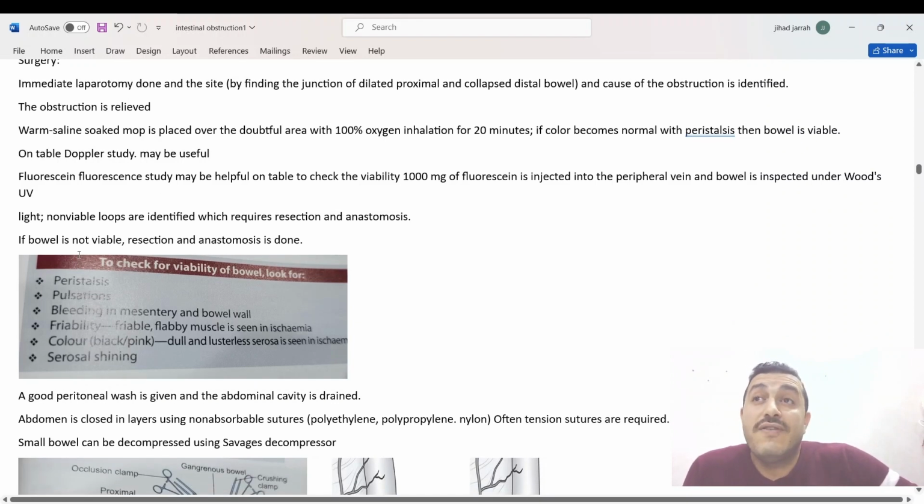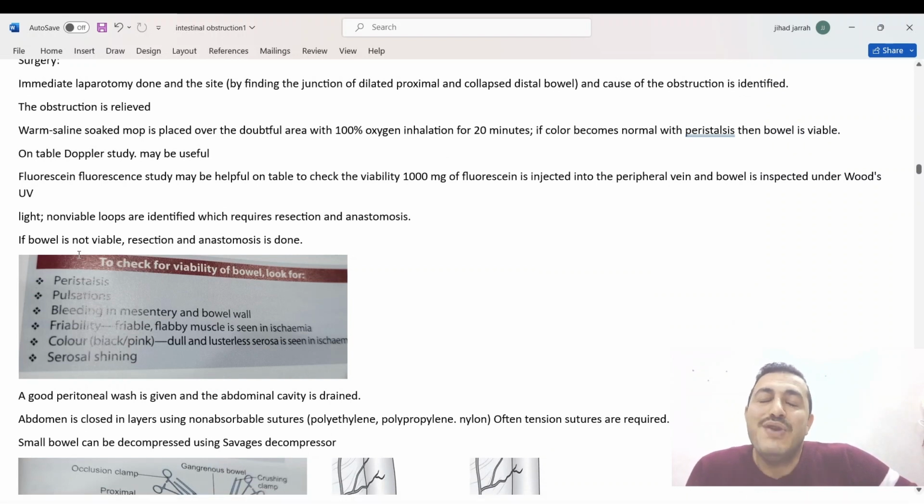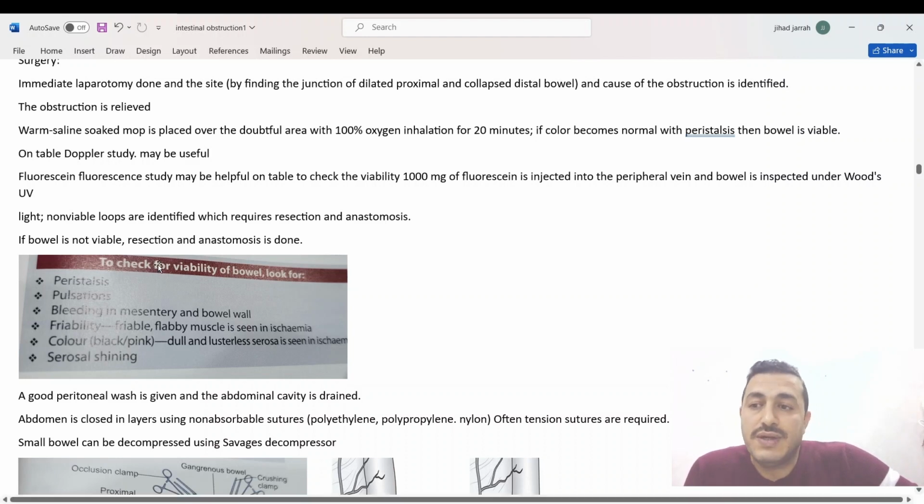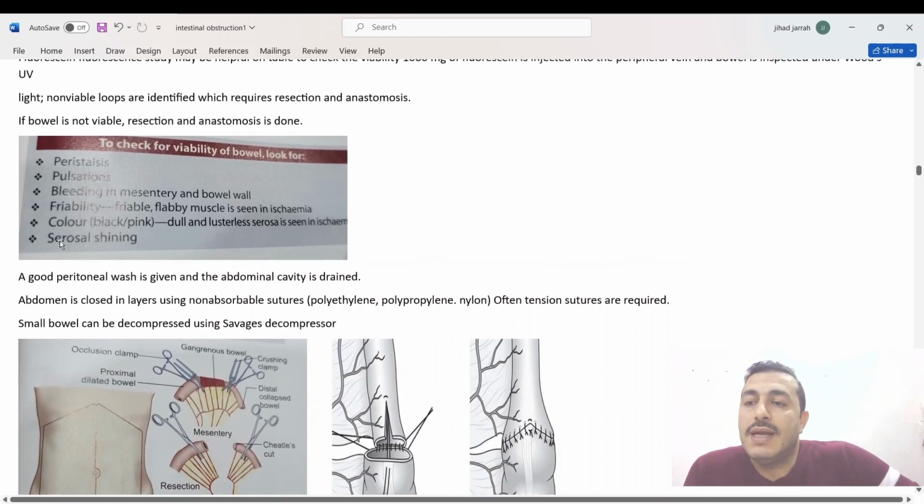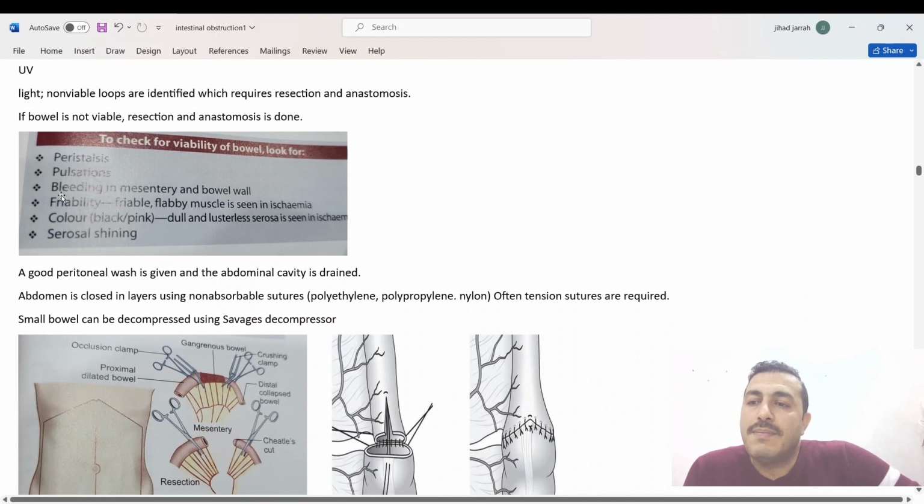Other modalities to check the viability are to see the peristalsis, to see the bleeding from the edges. What else? To feel the pulse in the mesentery. These are all modalities to check the viability of the bowel. Here they summarize: peristalsis, pulsations, pulse on the mesentery, bleeding. If there is pulsatile bleeding, this means good blood supply.